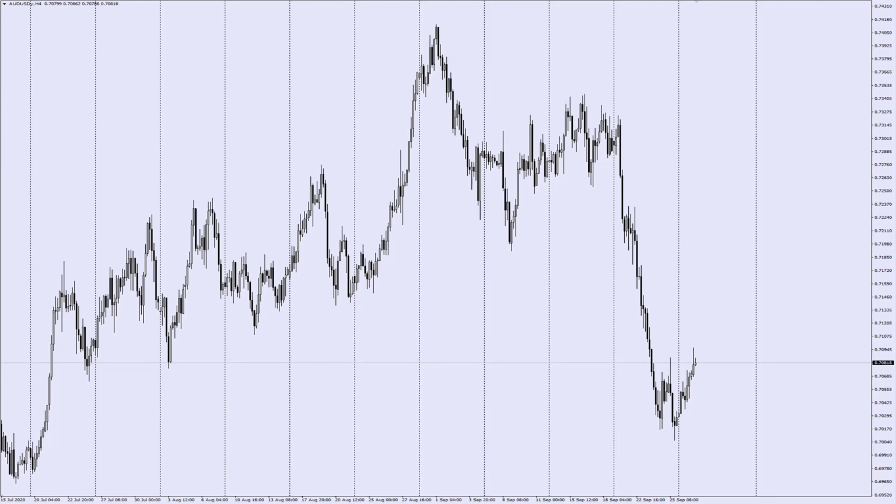With that, one thing you want to do is practice, especially if you're new to trading. Practice looking at the charts, practice identifying short-term, medium-term and long-term trends.